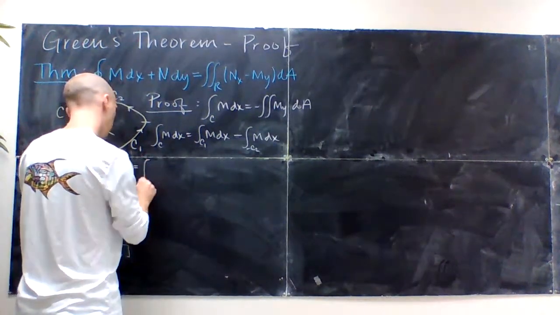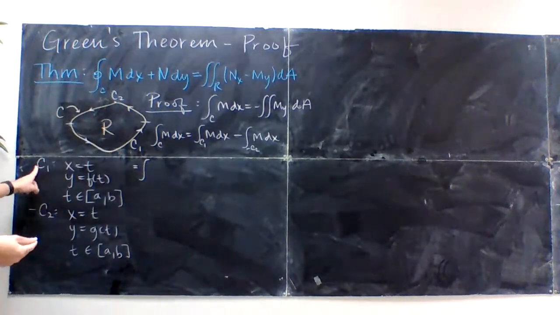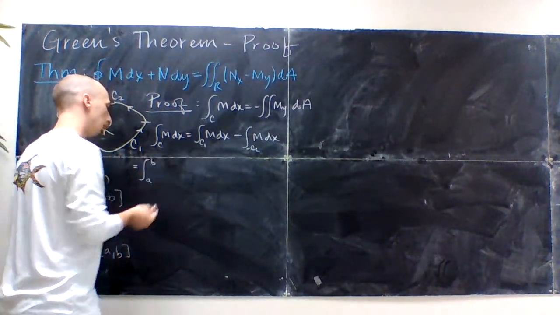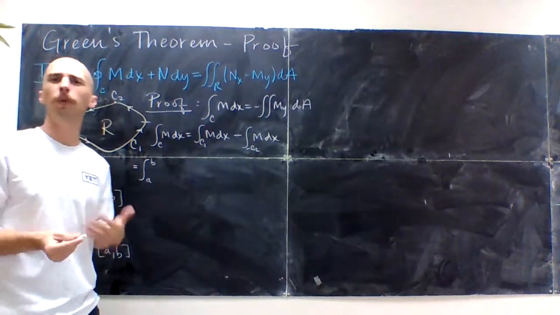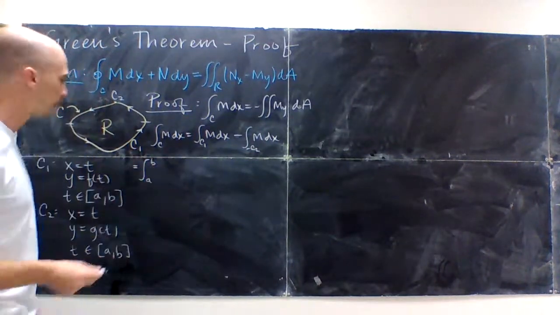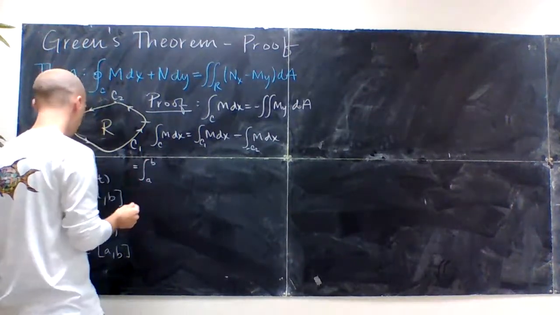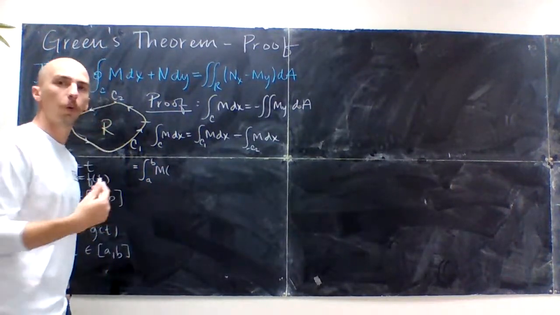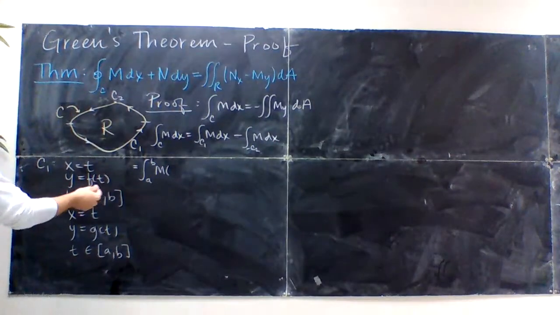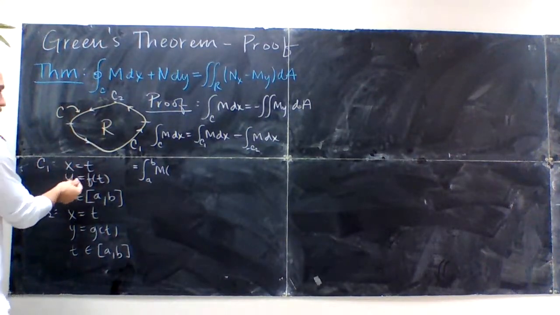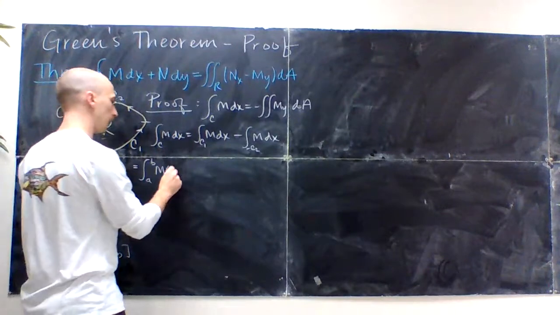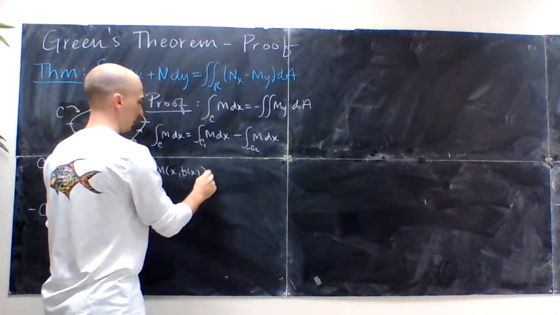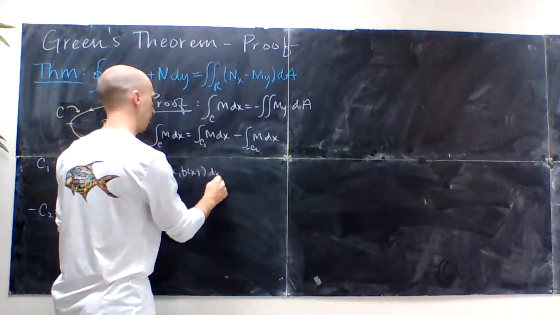So the integral over c1, on c1, t runs from a to b. Really, it's x that we're going to work with, but since x is t, it's really the same thing. So from a to b, m takes in an x and a y. Well, along c1, x is equal to t and y is equal to f of t, so I'm going to call it x and f of x, just for clarity, dx.